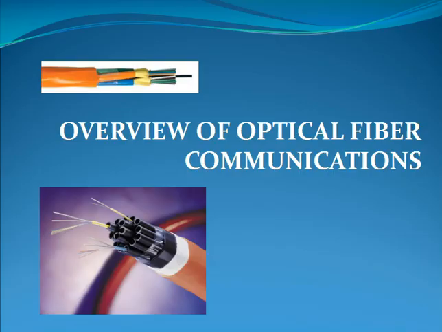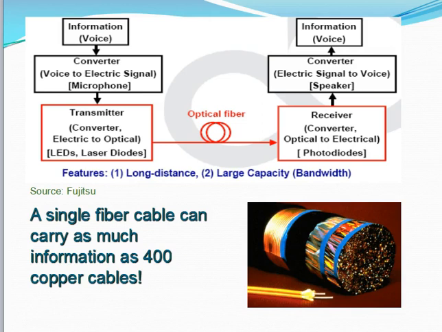So this is the overview of the optical fiber. Fiber optic is actually a medium for carrying information from one point to another, right? So this is the fiber optic part. The basic fiber optic system consists of a transmitter.